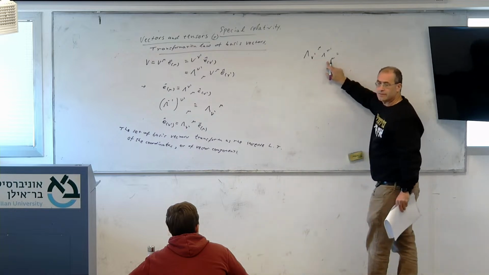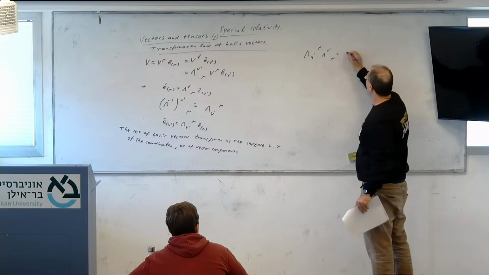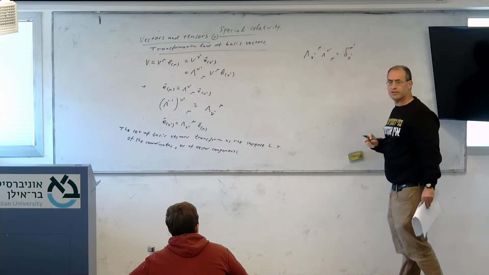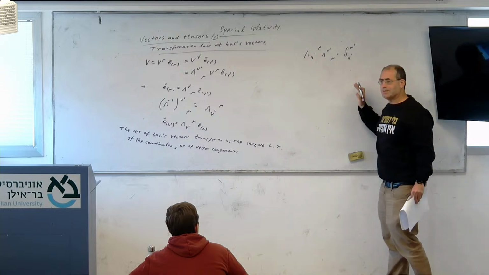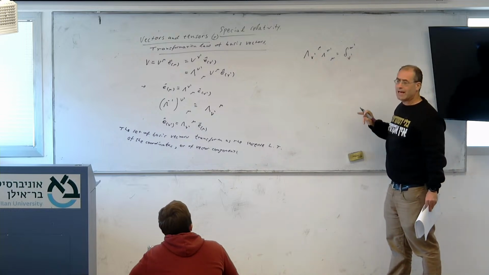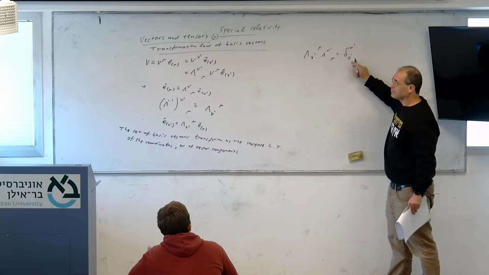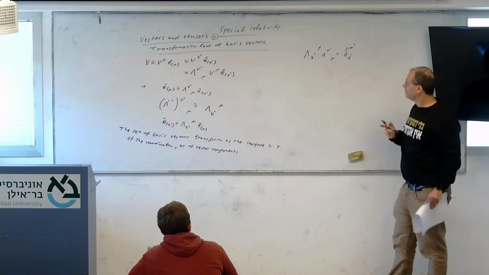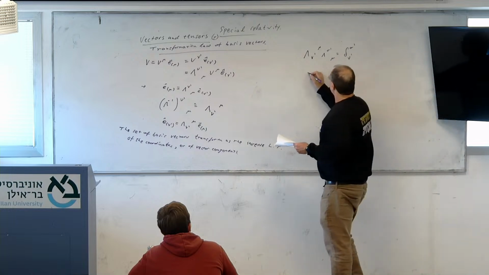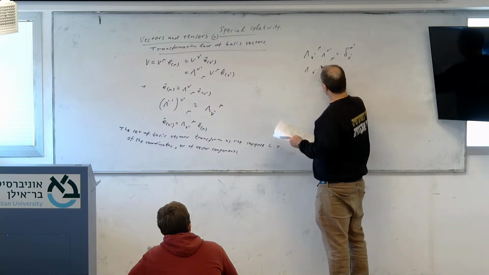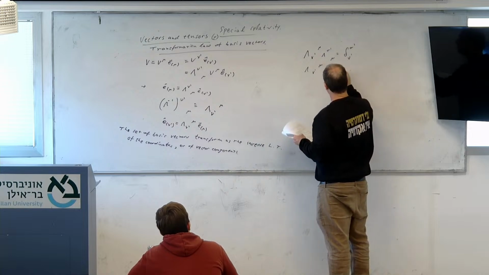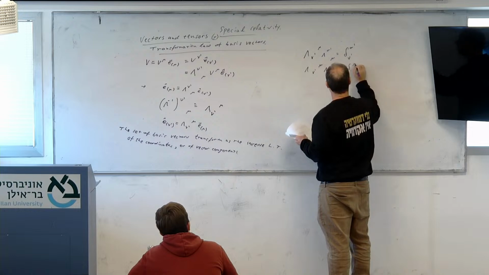It's a Kronecker delta, right? Mu prime, sigma prime. Remember, this is the only tensor that I'm allowed to write with one component on top of the other. The other ones I'm not allowed to write. And of course, lambda nu prime mu lambda mu prime sigma is delta mu sigma.